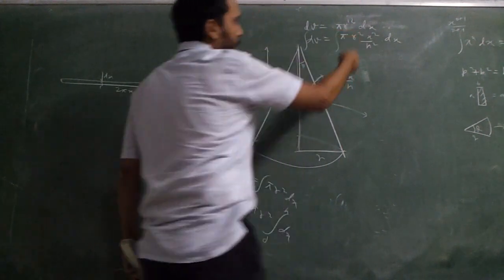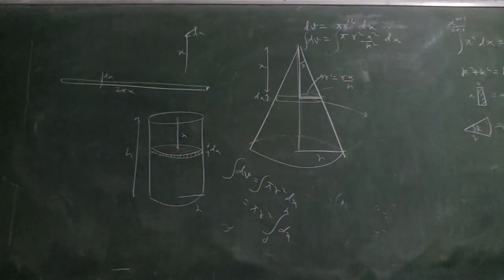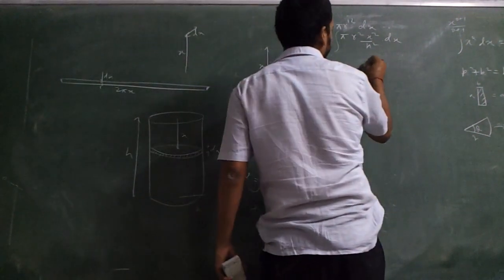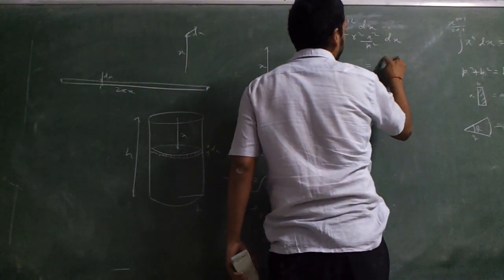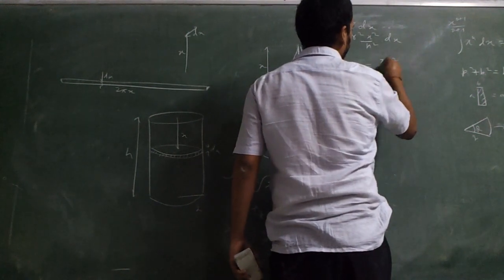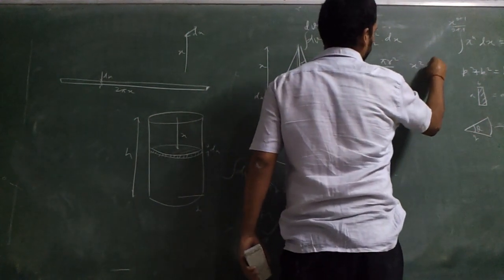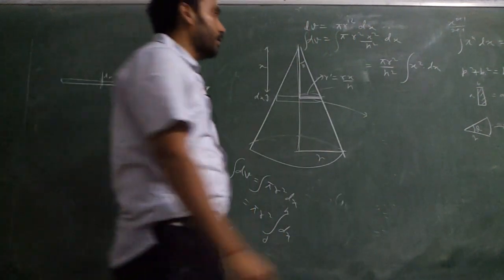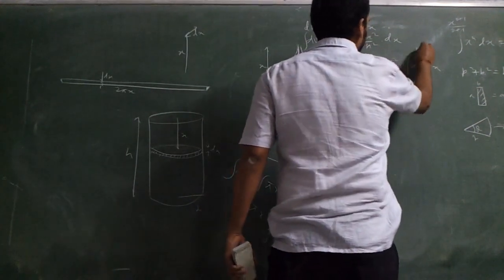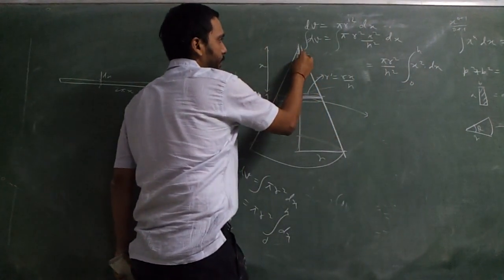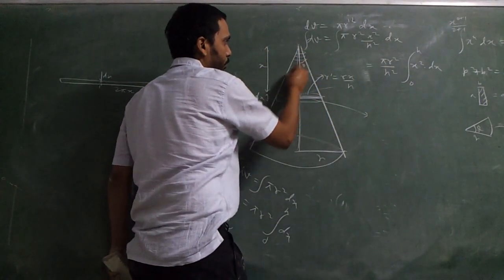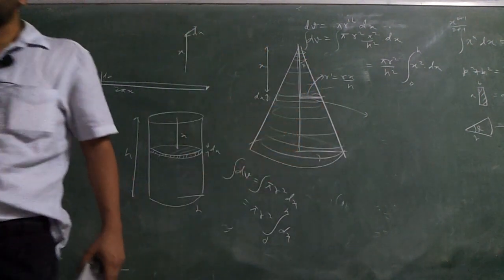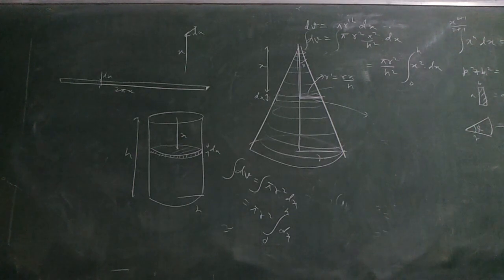What all are constants over here? Pi r square by h square is constant. Take it outside. x square dx, x going from where to where? 0 to h. At 0, this is the cylinder, at a little more like this, till h. Nothing overlapping.